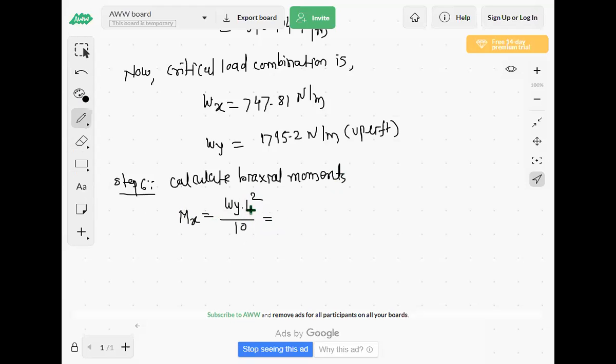What is L? As I told you, L is the spacing of truss. So Wy is 1795.2 into the spacing of truss, which is 4 meter. So 4 square divided by 10. So tell me the moment in x direction in Newton meter.